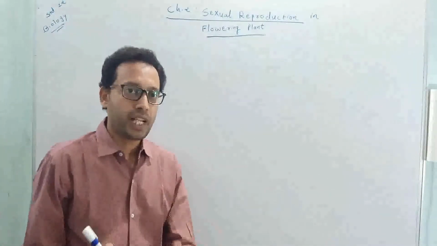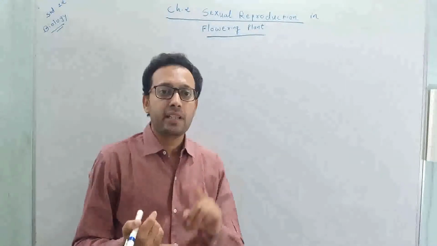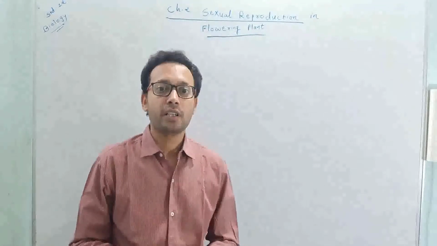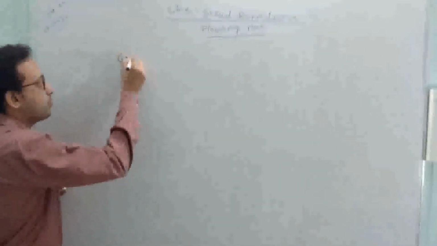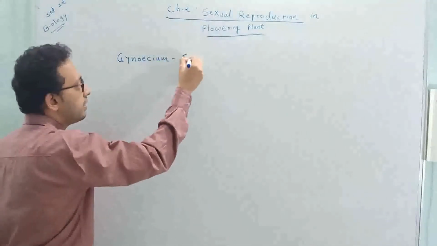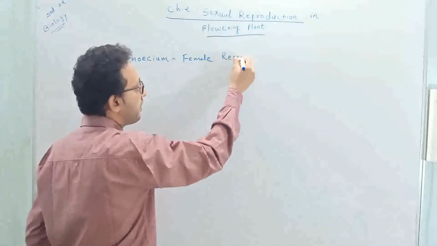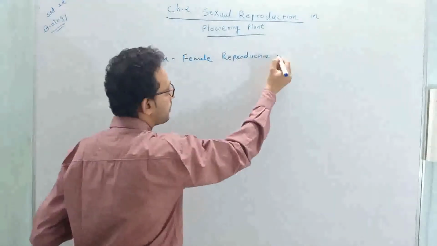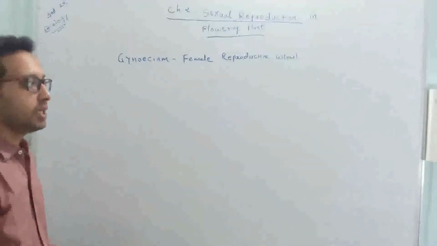As you already know, I have repeated several times, Androecium is the male reproductive whorl of a flower. Similarly, the comparable organ of the female reproductive part is a gynoecium. So what is a gynoecium? Gynoecium is the female reproductive whorl of a flower.